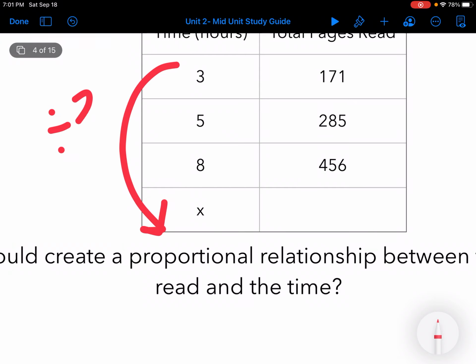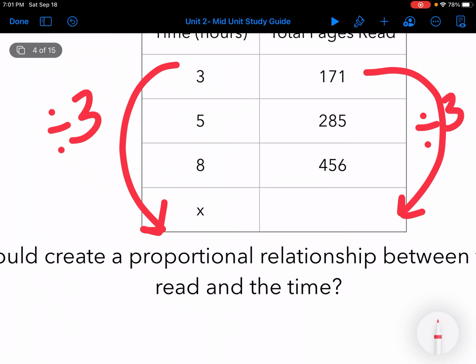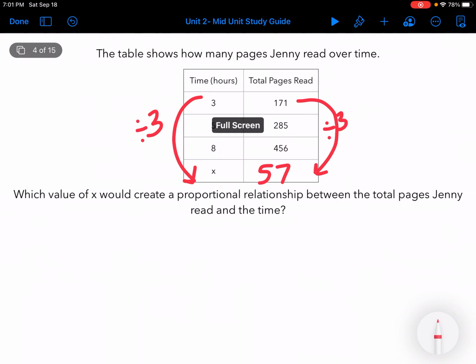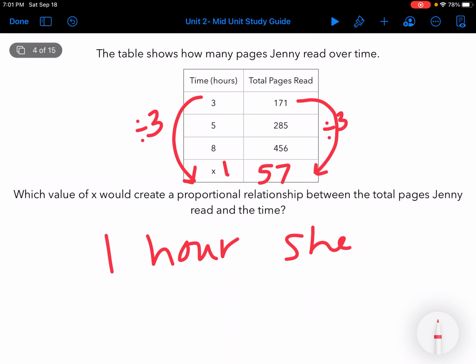So I'm going to divide by 3. Divide this side by 3. So 171 divided by 3 is going to give me 57. So I know that in 1 hour, she reads 57 pages.